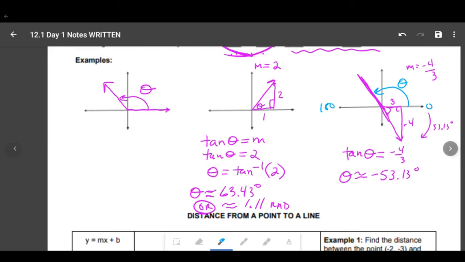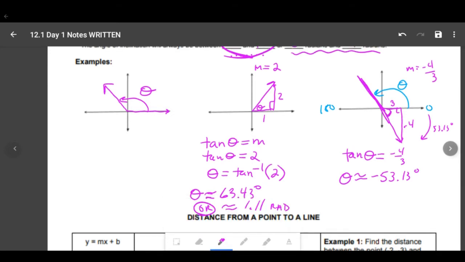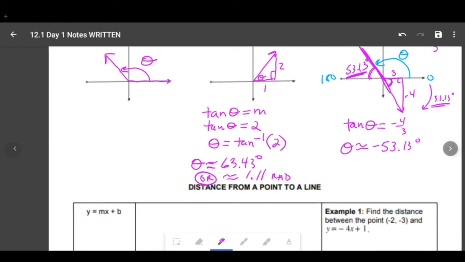Well, if this angle right here is 53.13, then by vertical angles, some good geometry review right here, this is also 53.13 degrees. Okay, so if I want to get the blue angle, that's my answer that I want, between 0 and 180. If this is 53.13, you guessed it, I got to do some subtraction.